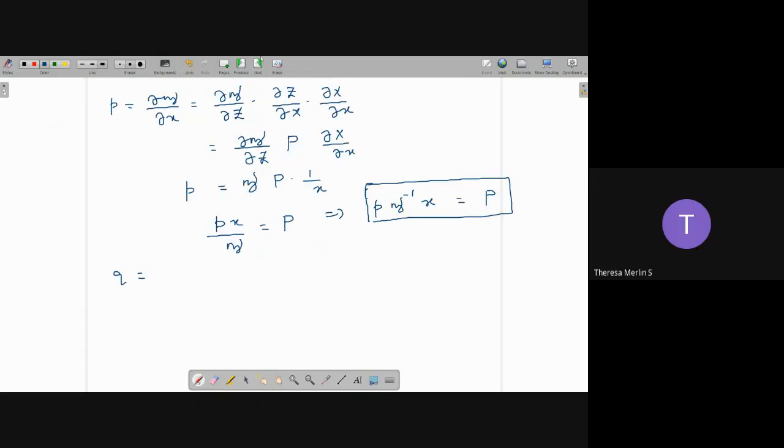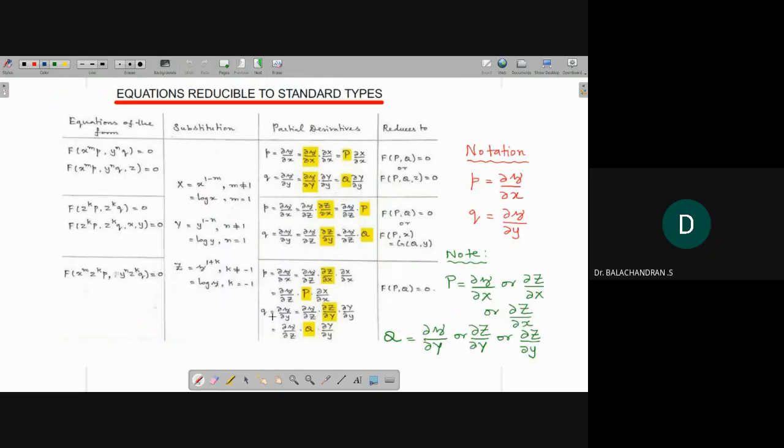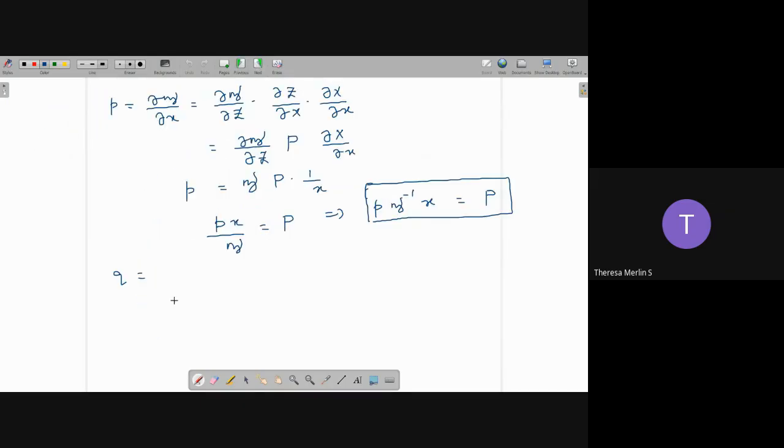Similarly, next you should introduce q. Q is equal to this partial derivative dou z by dou y, which is equal to dou z by dou capital Z, into dou capital Z by dou capital Y, into dou capital Y by dou small y.